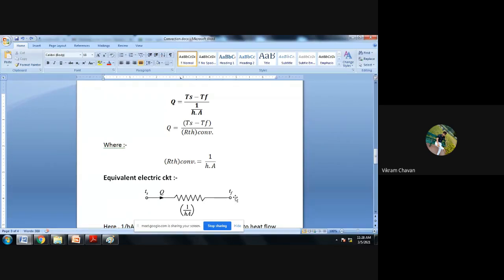So two temperatures are shown over here, Ts and Tf, and the heat is transferring from the surface to the fluid.